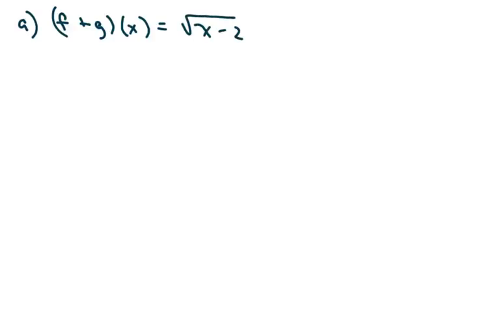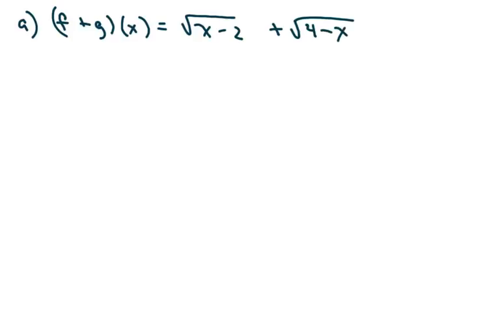So for the first one, we're going to find f plus g of x, and that's going to equal my f, the square root of x minus 2, plus my g, the square root of 4 minus x.